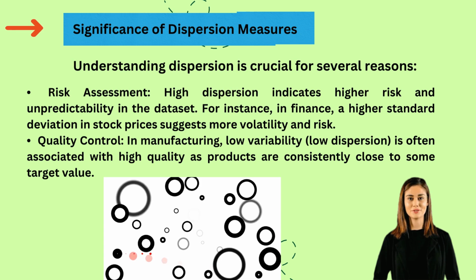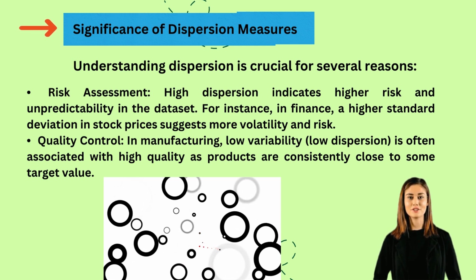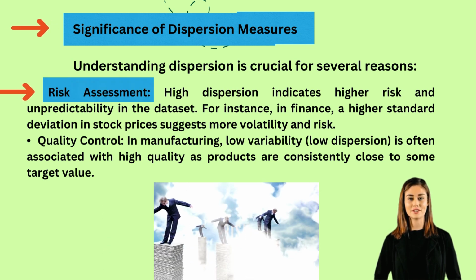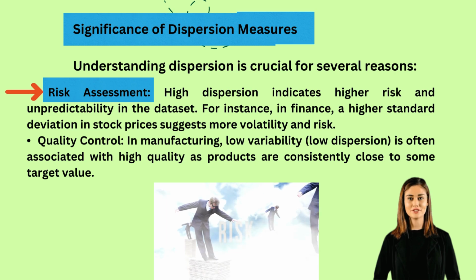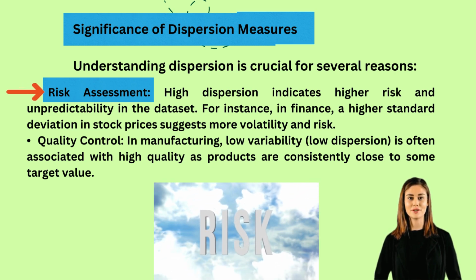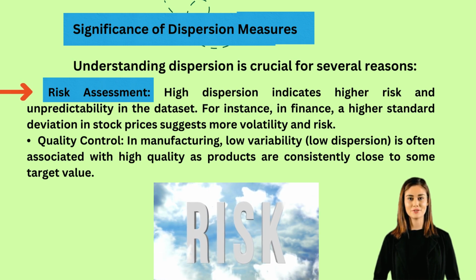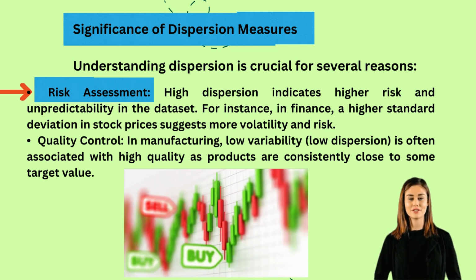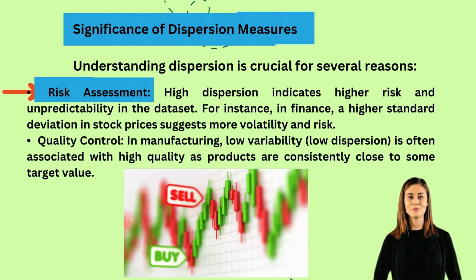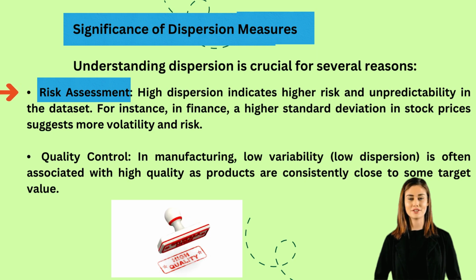Significance of dispersion measures. Understanding dispersion is crucial for several reasons. Risk assessment. High dispersion indicates higher risk and unpredictability in the data set. For instance, in finance, a higher standard deviation in stock prices suggests more volatility and risk.